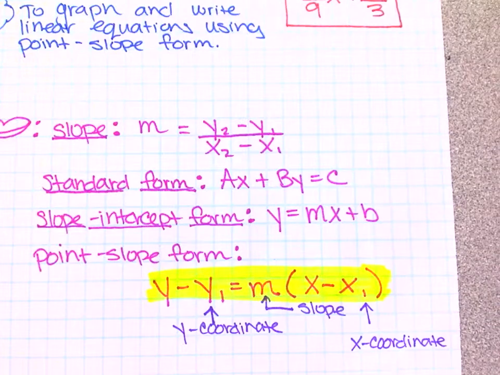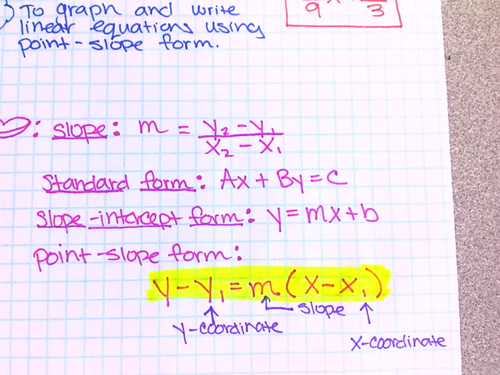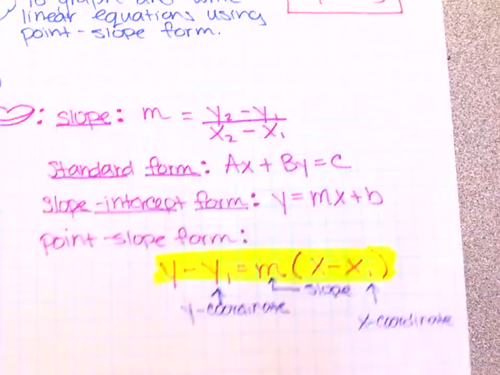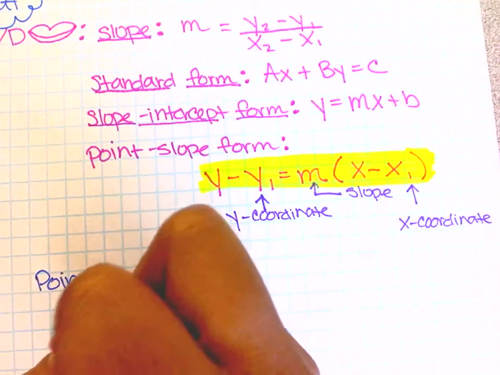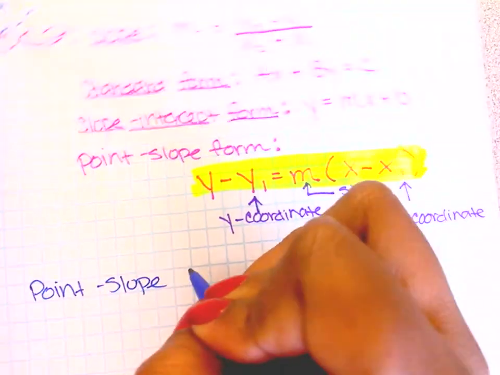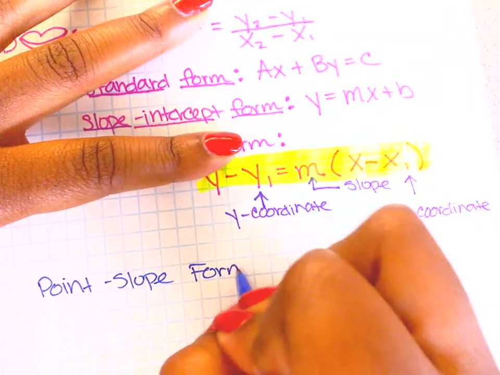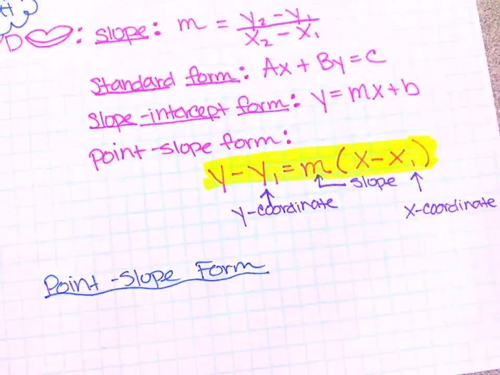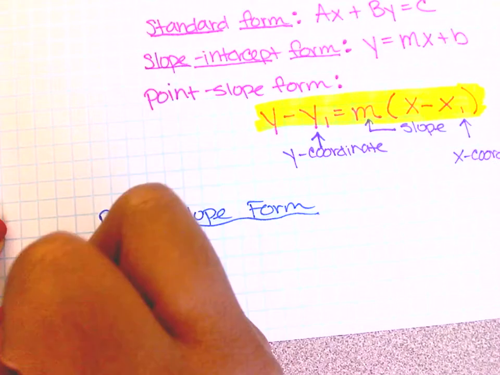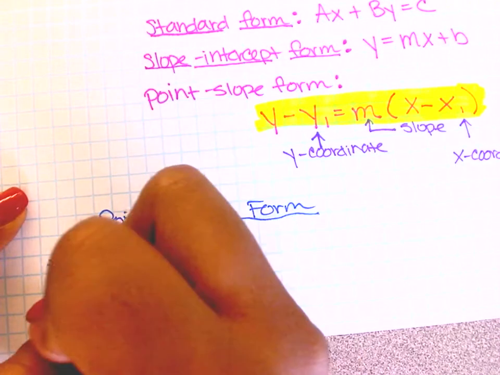So let me give you an example of point slope form in input. So I'm going to go ahead down here and I'm going to write point slope form. Okay, give yourself a little note here.